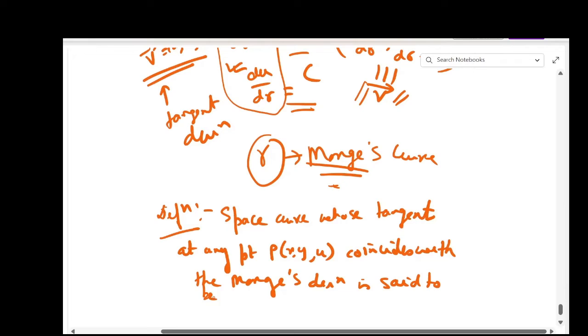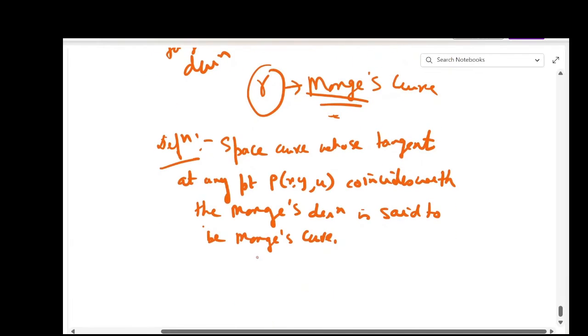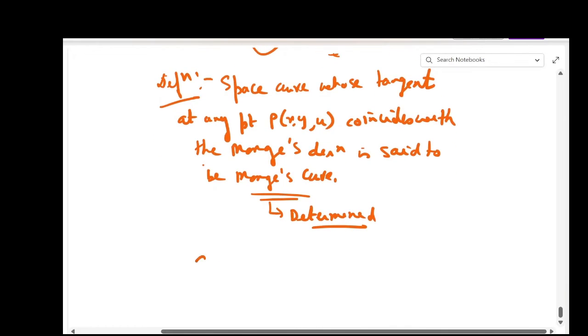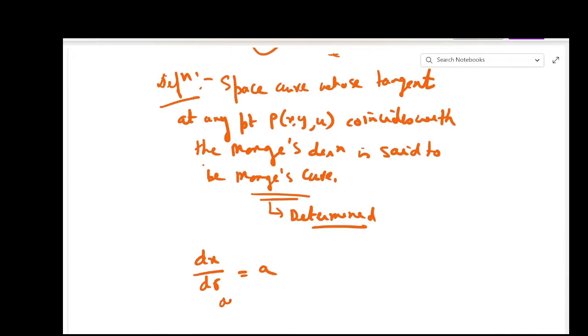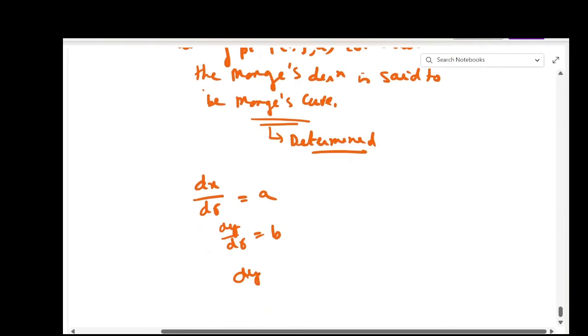So how is Monge's curve determined? If we want to find Monge's curve, how can we do it? Solve these three equations: dx/dsigma, dy/dsigma, and du/dsigma. From here, you can easily understand, I can couple these three up to write this.